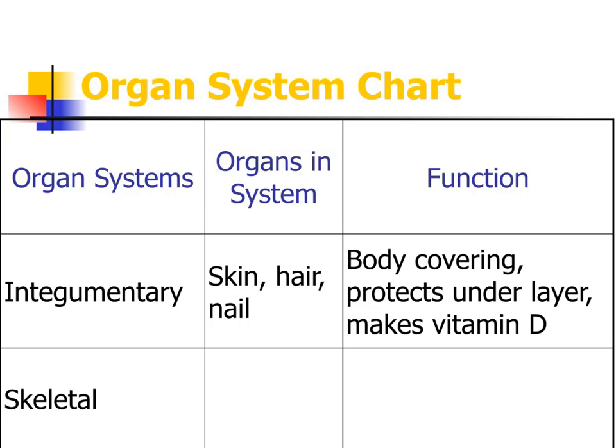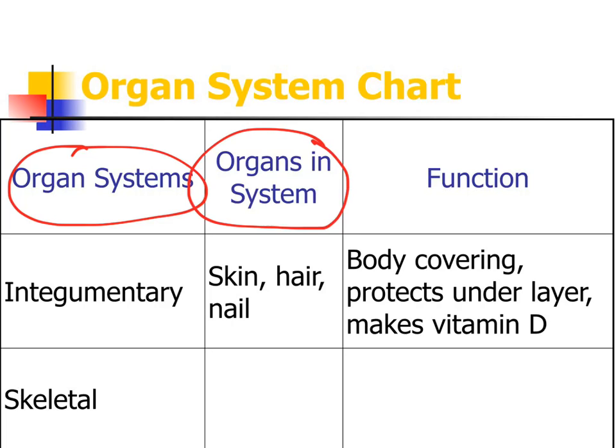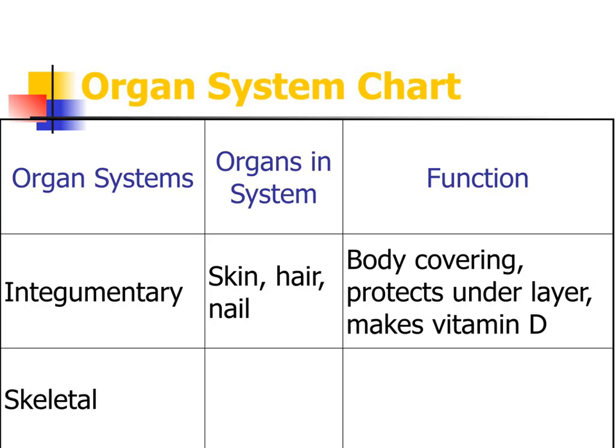And then you're going to create 3 columns. One column on the left is going to be the organ system. Then the second column is going to be organs in system, and then the third column is going to be the functions column.